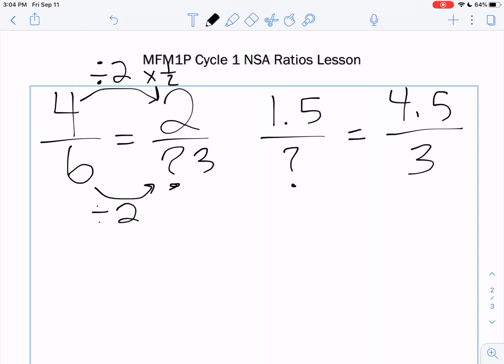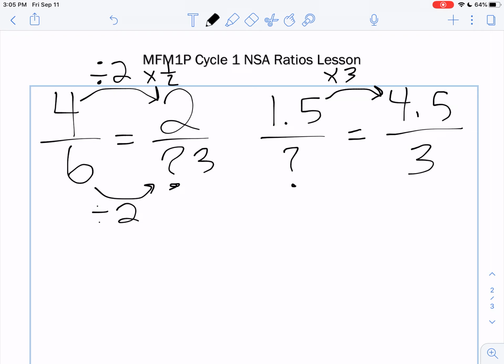So I know that 1.5 is multiplied by some number. It's multiplied because it's getting bigger to make 4.5. So what I could do is, if I wasn't sure, I could type that into my calculator. I could say the bigger one, 4.5, divided by the smaller number that's in the other numerator, 1.5, and that gives us 3. So if you're not sure, you can always type into your calculator.